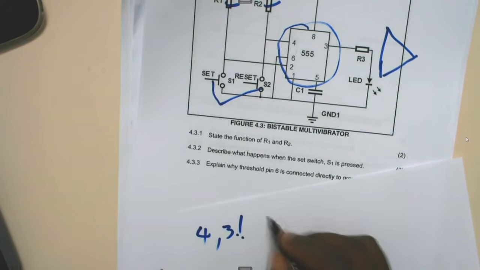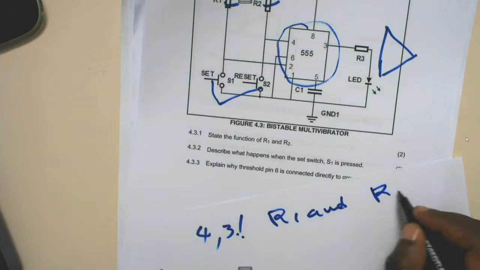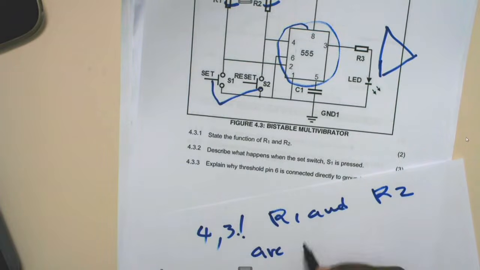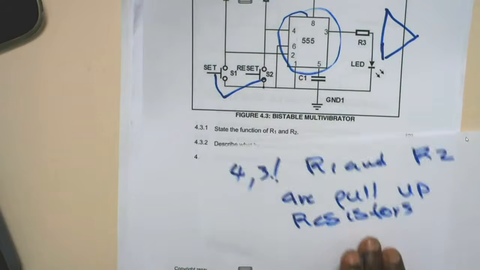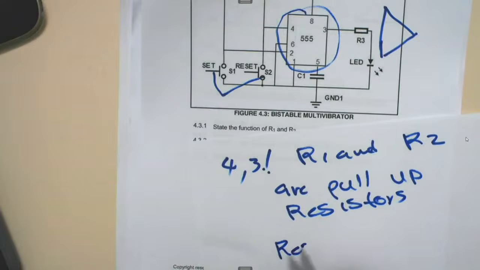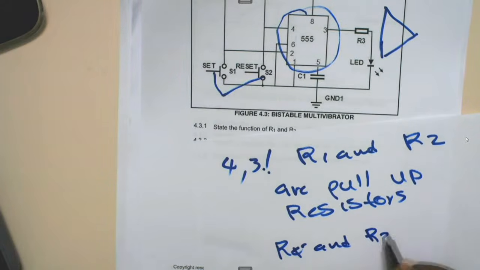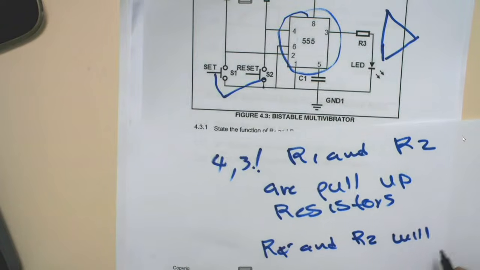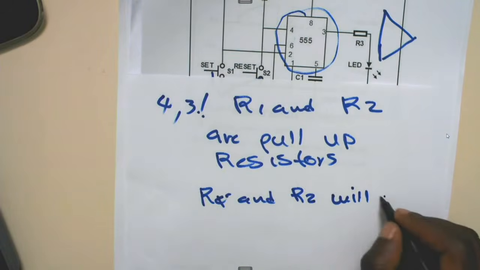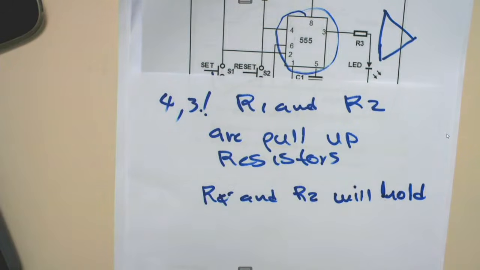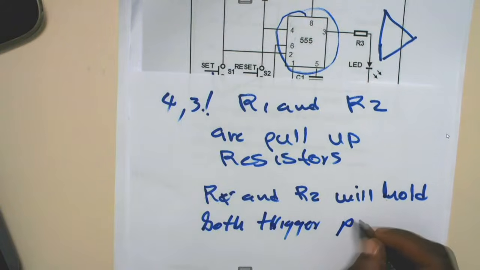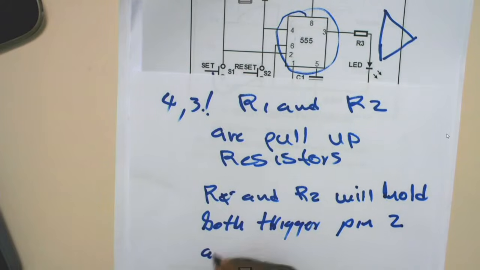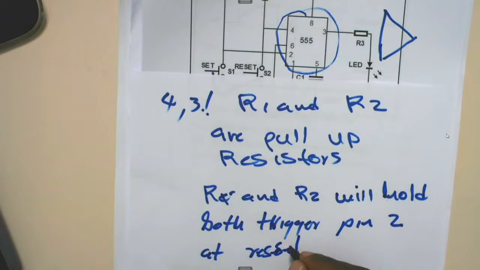4.3.1. R1 and R2 are pull-up resistors. Then we say resistors R1 and R2 will hold both trigger pin 2 and reset pin 4 high.